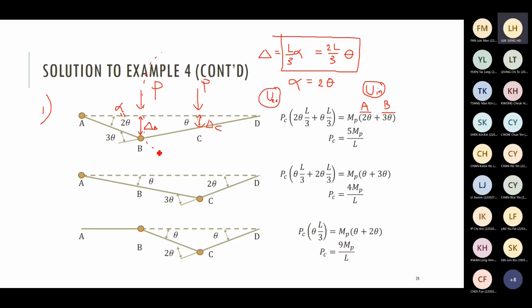You can use arc length twice to calculate delta B and delta C. Delta B is equal to the radius 2L/3 times theta. Oh, I highlighted the wrong one. This part is actually equal to delta B.